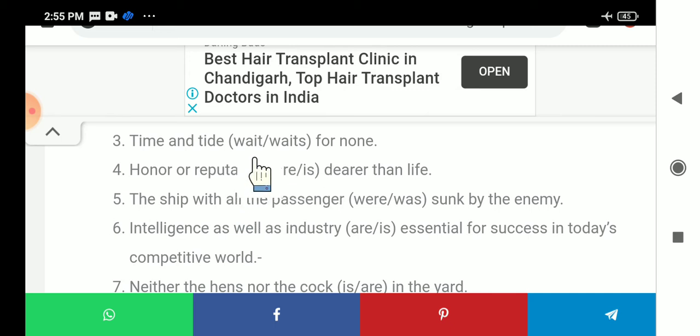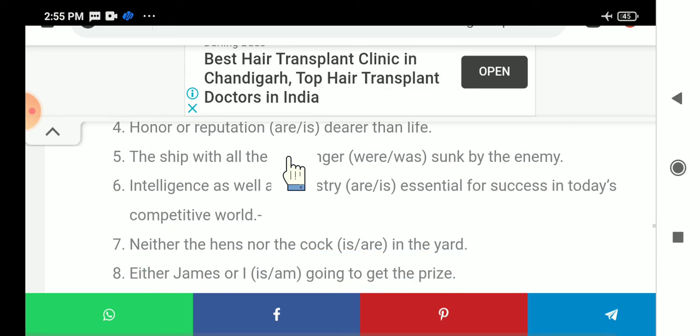When there is only wait without s, then it is a plural verb. So the answer is: time and tide waits for none. Time is singular and tide is also singular. With two subjects that give only a singular meaning, the answer is waits, a singular verb.